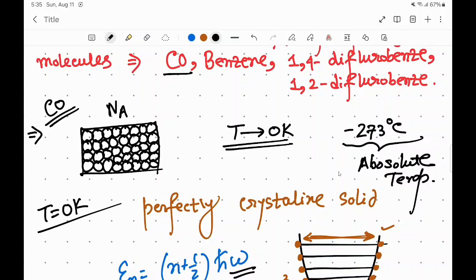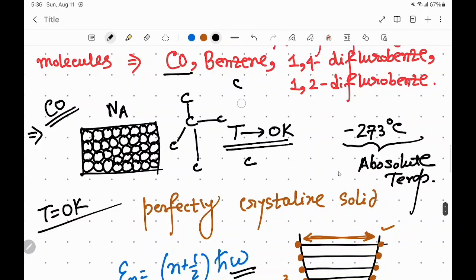In case of an amorphous solid, there is no such pattern. In diamond, tetrahedral carbon structure is carried forward like this, right? So there is a pattern that will give a specific arrangement to that solid, which is called a crystalline solid.